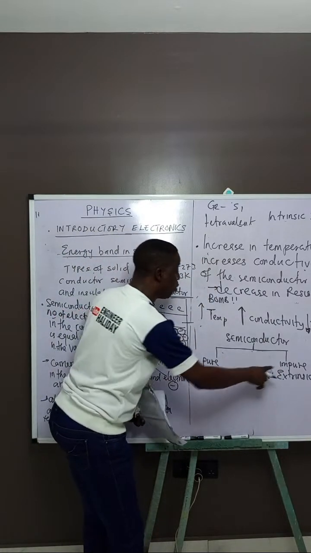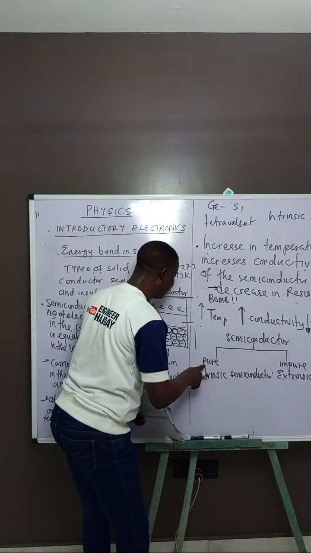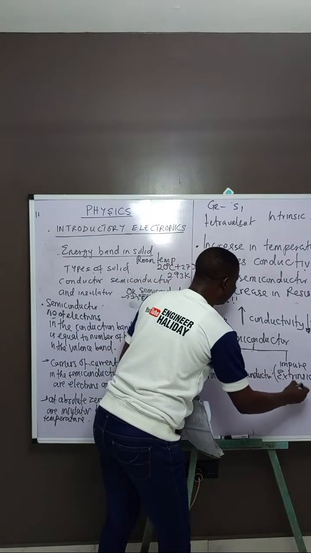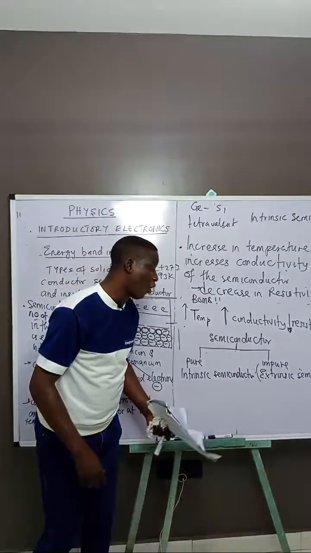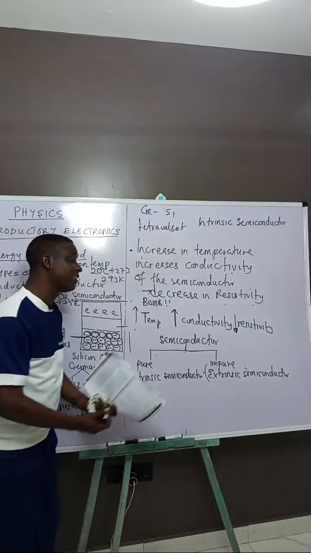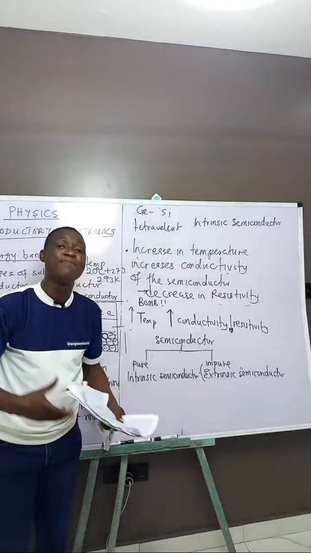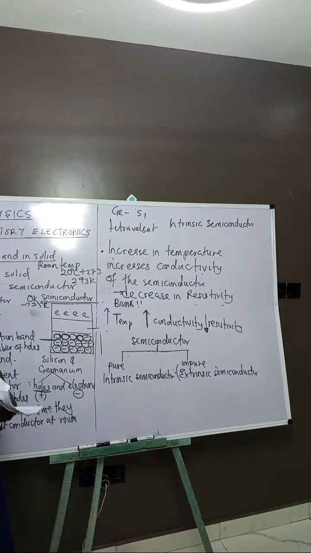The extrinsic semiconductor is more conductive than the pure semiconductor. Really, the more the impurity, the better the conductivity.